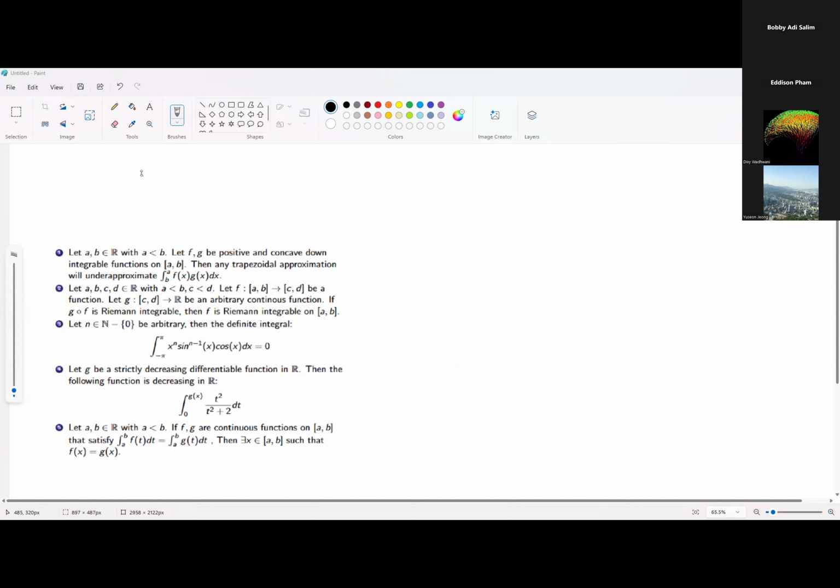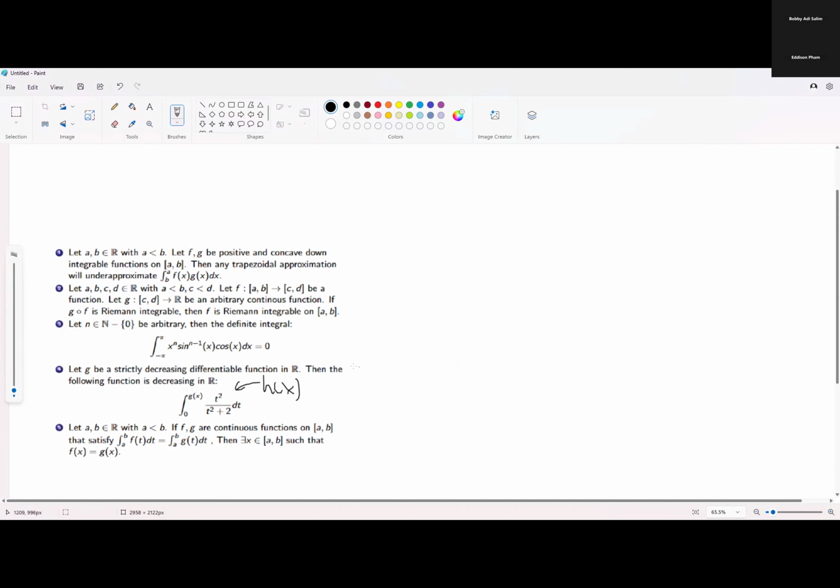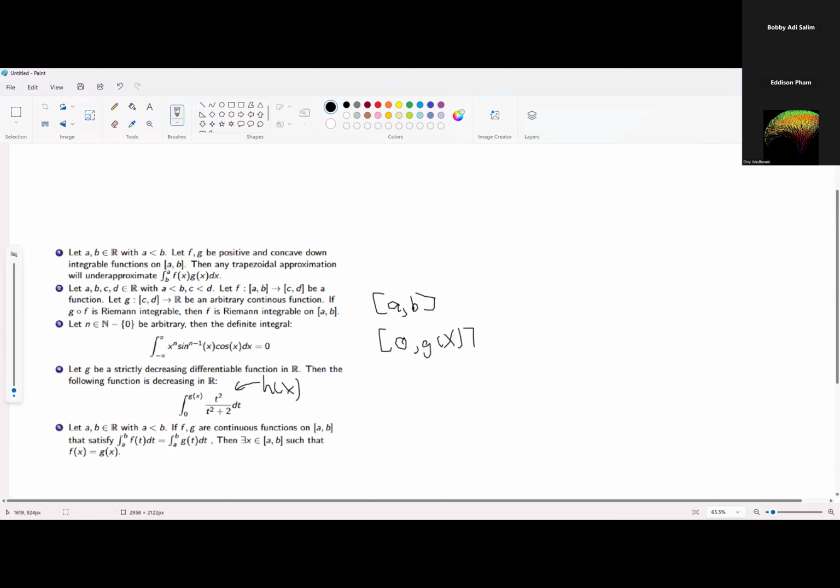Yes, so you have to realize that the function inside here, let's call this h at x, is pretty much continuous everywhere in R, right? So that means it's continuous on any [a, b]. It doesn't really matter. So we can just say it's continuous on 0 to g. Therefore, we can apply FTOC1.